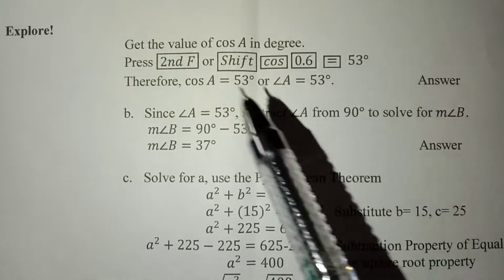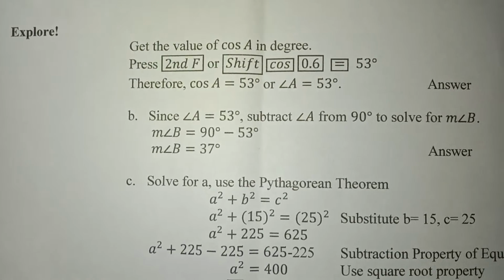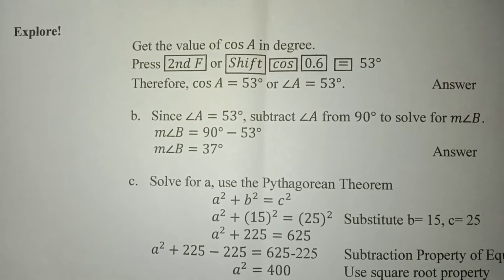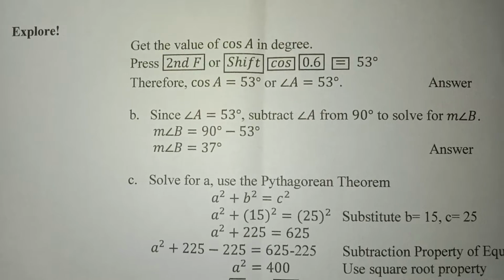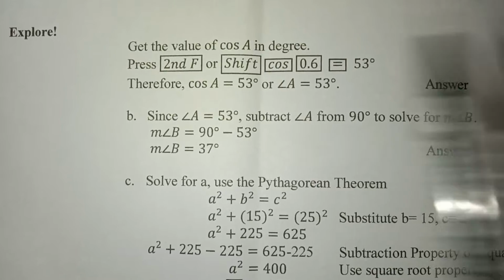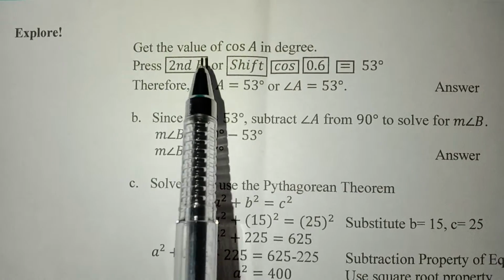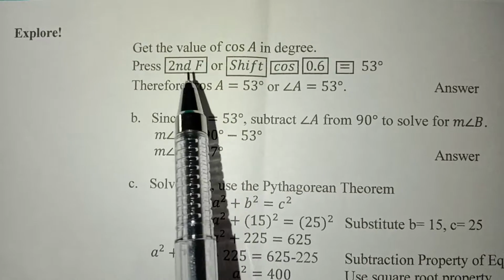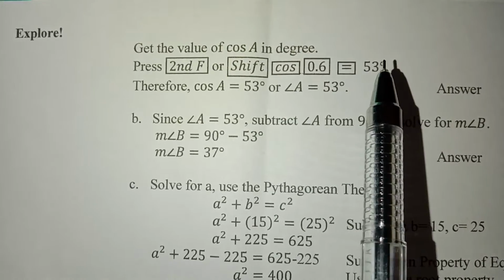We're going to use the calculator to get the exact or at least the approximate measure of angle A. Here is the instruction: get the value of inverse cosine of 0.6 in degrees. Press second F, that is second function, or shift, cosine 0.6, that equals 53 degrees.